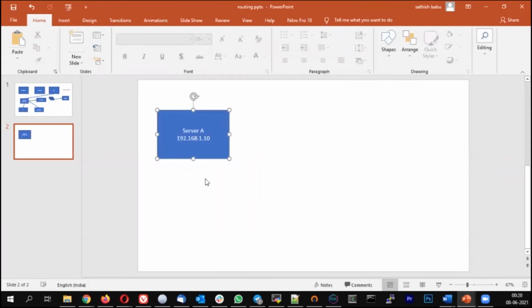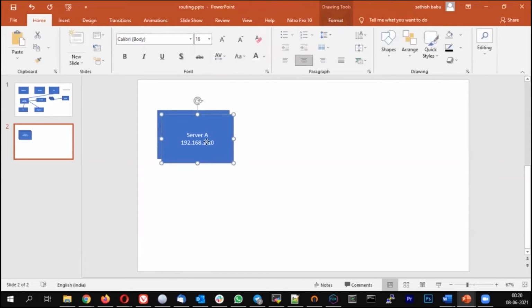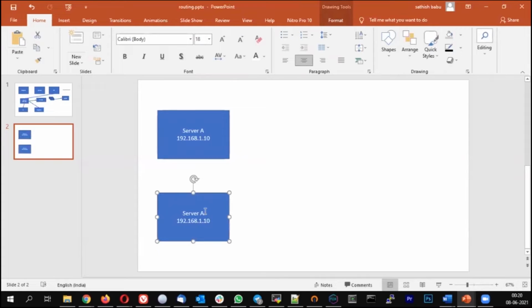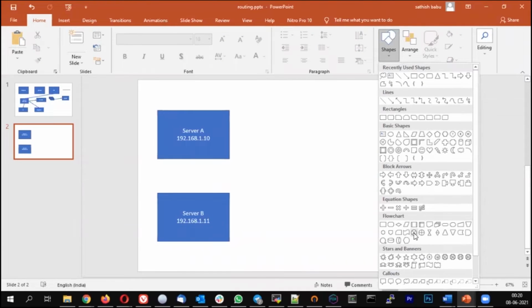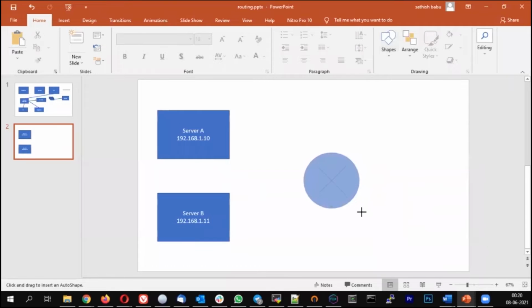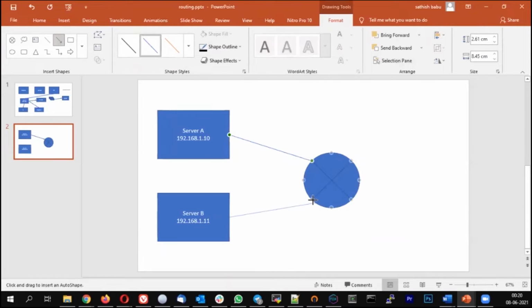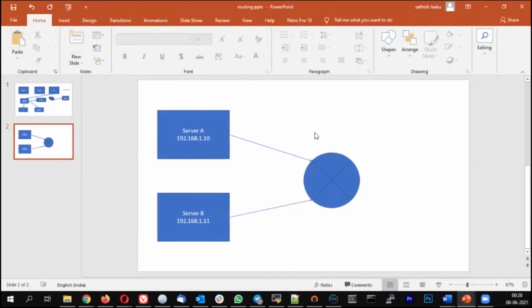In the same way, let's say I have a server B with 192.168.1.11, and these two are connected to a switch. Let's say I have a switch which connects these two.